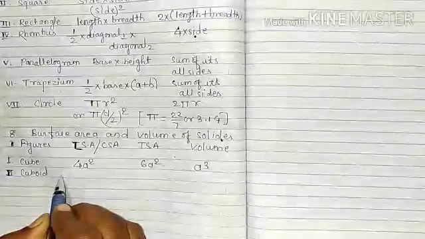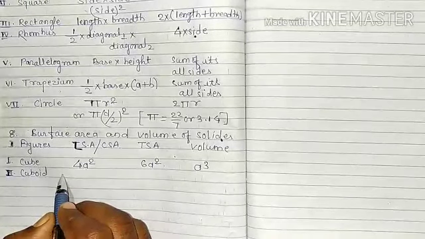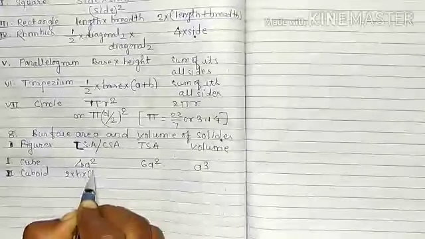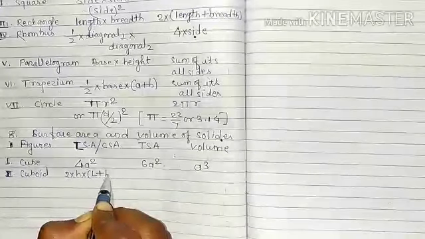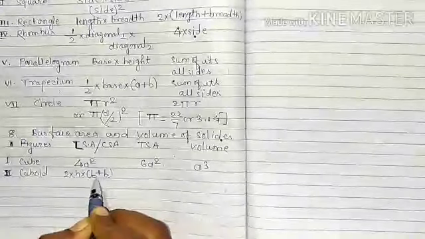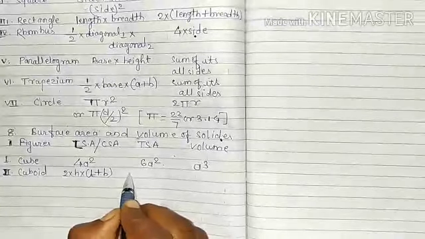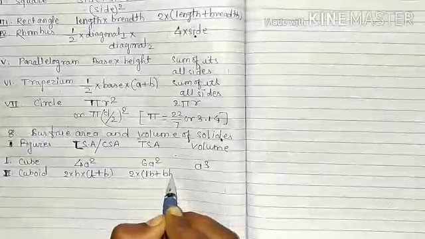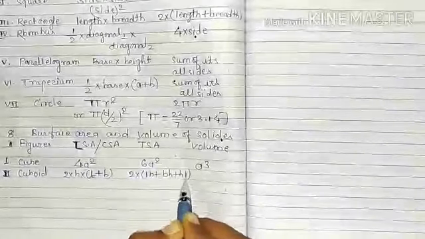In a cuboid having length, breadth, and height, lateral surface area is 2 into height into length plus breadth, and the total surface area of a cuboid is 2 into LB plus BH plus HL.